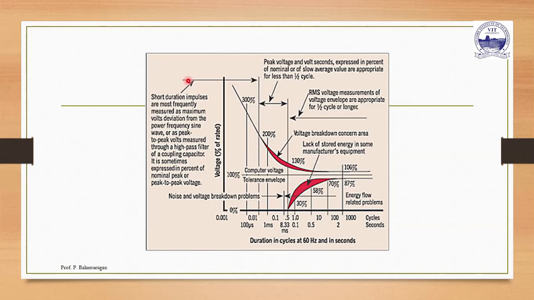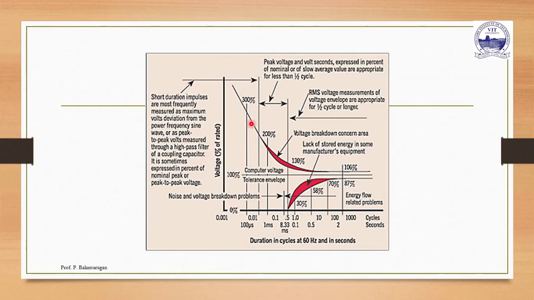This region, where the voltage magnitude is more than 300%, is considered as short duration impulses, and is most frequently measured as the maximum voltage deviation from the power frequency sine wave, or as peak to peak volts measured through a high pass filter of a coupling capacitor.